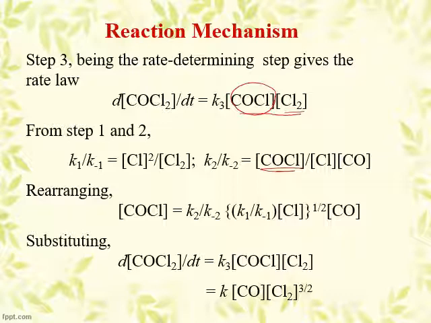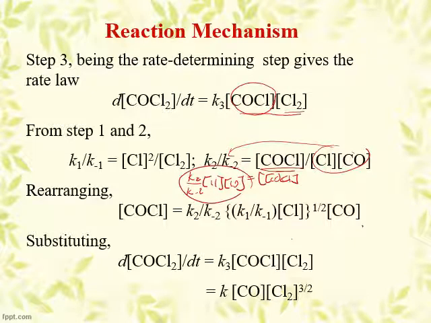So we bring this over here, so we have [COCl] equivalent to K2 over K negative 2 multiplied with [Cl][CO]. Okay, so we substitute this into here.